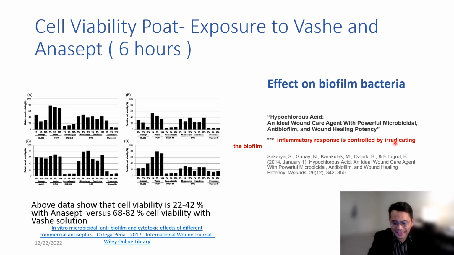So because of this DNA produced by the biofilm, the immune system keeps responding to that specific DNA that the biofilm is able to express. Therefore, it keeps the wound in the chronic inflammatory response.